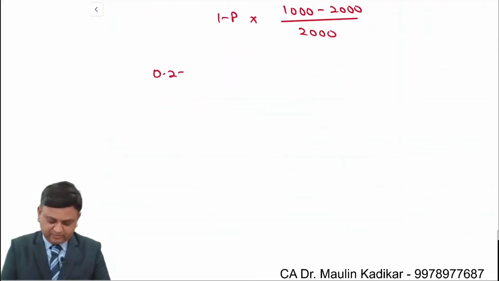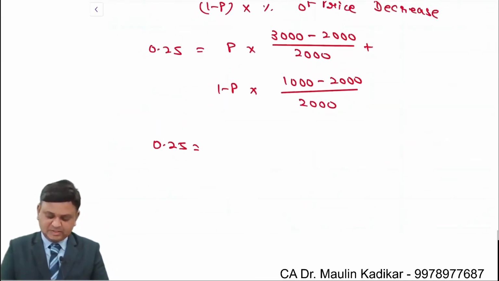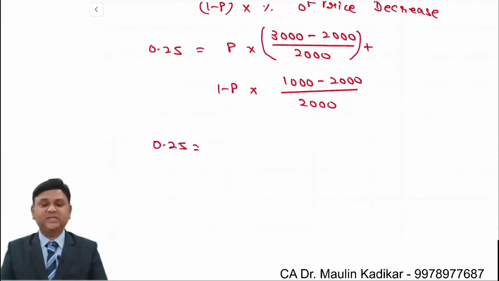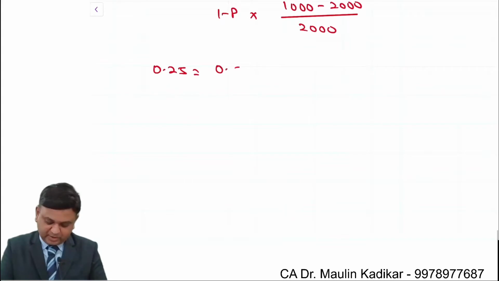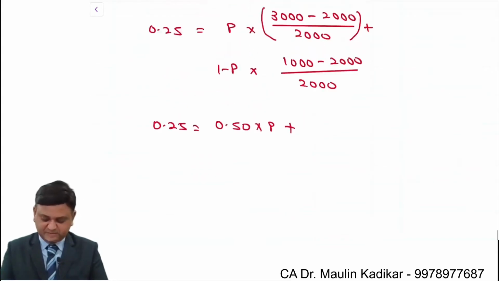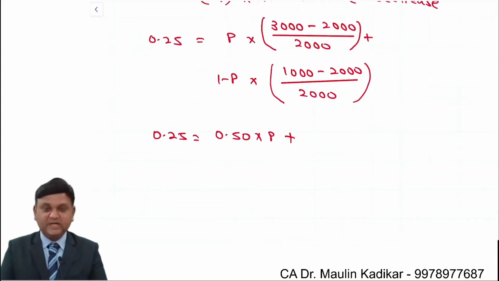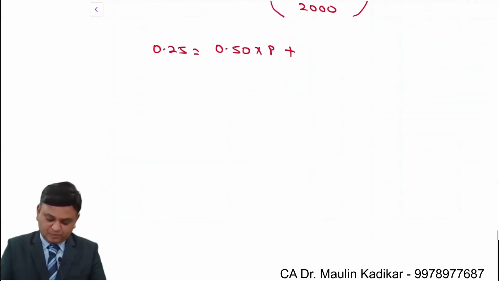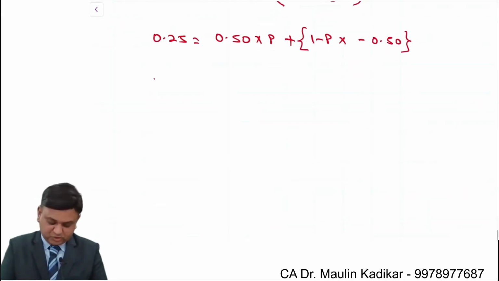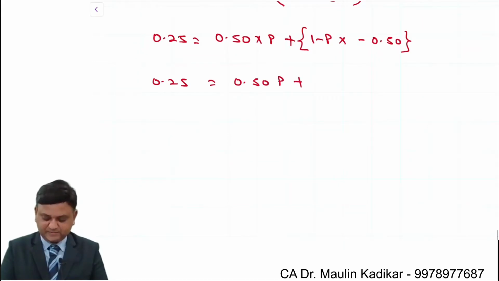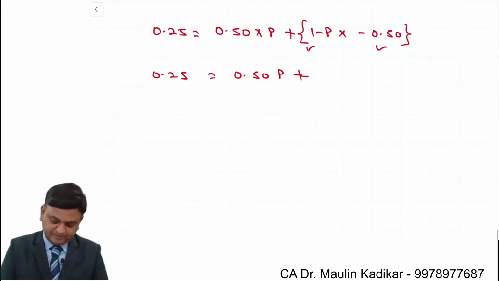So 0.25 is equal to, see what will happen friends, 1,000 divided by 2,000 is 0.5. So 0.50 into P plus, this is again 0.5 but this is negative. So plus 1 minus P into negative 0.5. So 0.25 is equal to 0.50 P plus, this is 0.5 negative into 1 positive, so it will be negative.